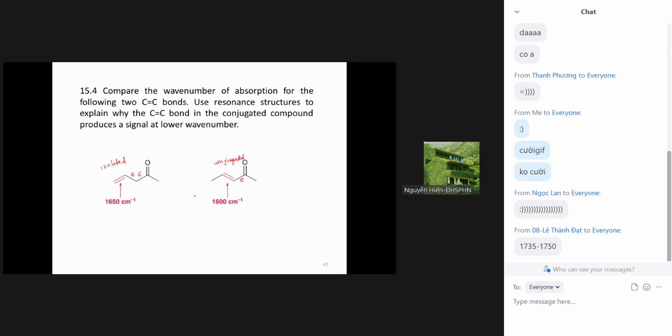Now you have to draw the resonance structures. With this CC double bond, actually you can draw in both ways, like this, or you can draw in the other way around.